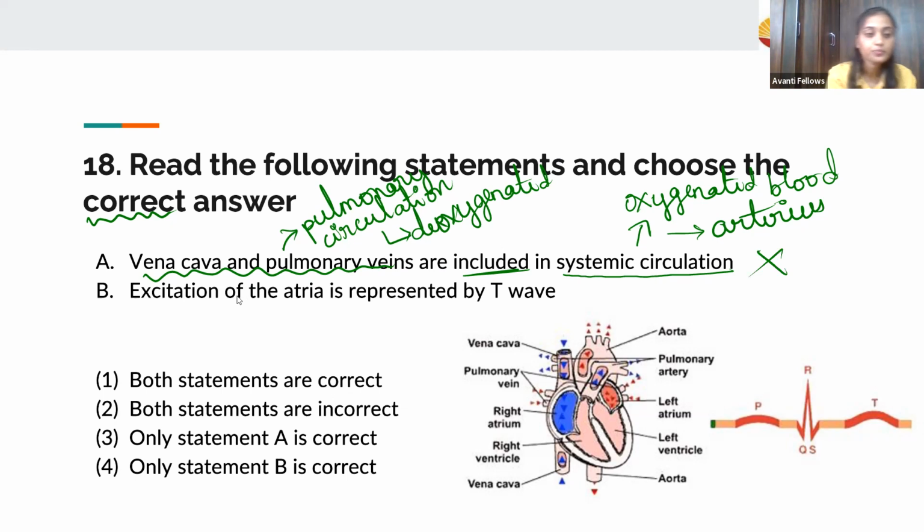The second statement says that excitation of the atria is represented by the T wave. Here you can see the T wave.